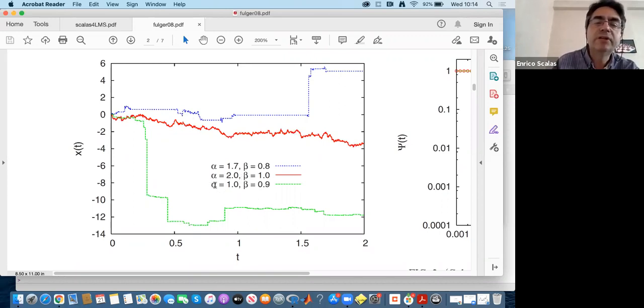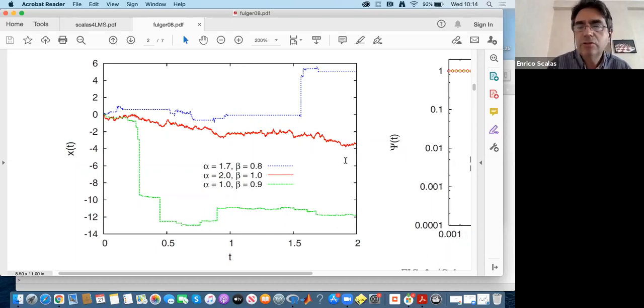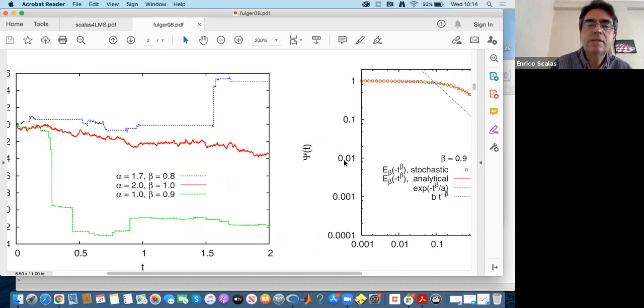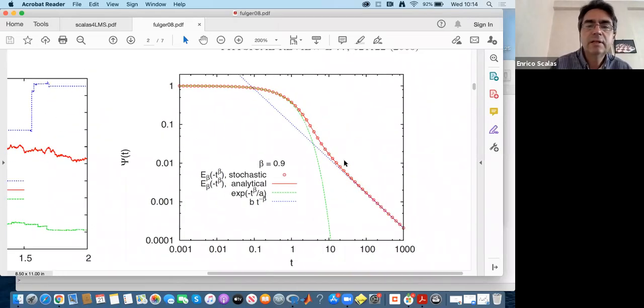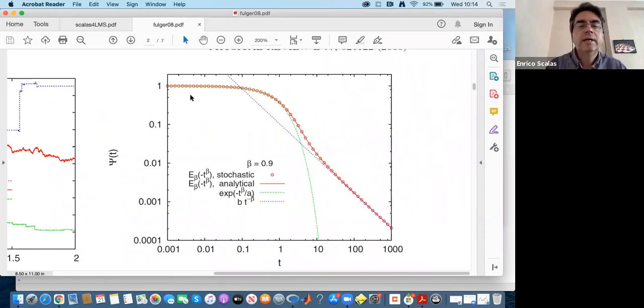But if you consider, for instance, the blue case is with parameters that are not far from the parameters that give you the Wiener process, you see you have jumps, large jumps that do not disappear, and you have long waiting times because this function here, this is a log plot of the function.